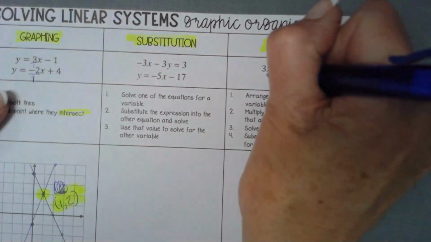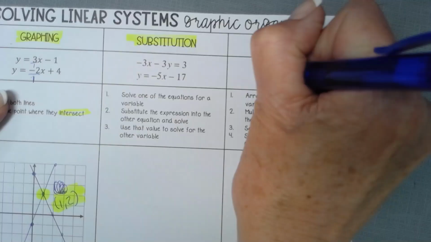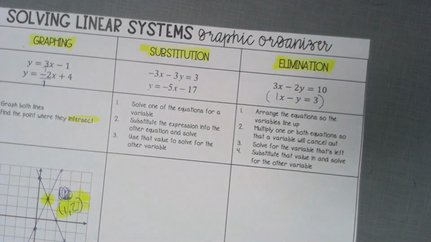And here's my next question. It is perfectly within the rules to multiply as long as I multiply everything in this entire equation. So what can I multiply 1 by to turn it into a negative 3? All we're going to do is multiply the whole equation by negative 3, and then we've got a good problem.